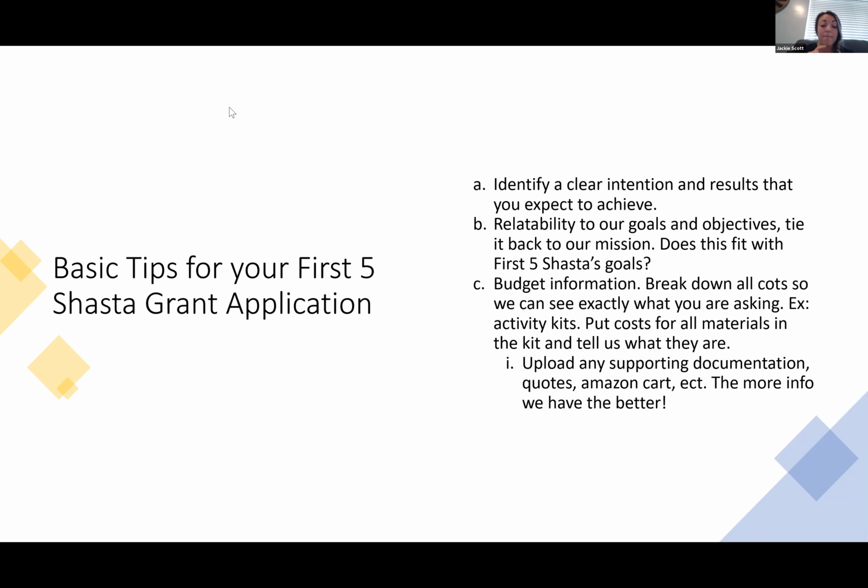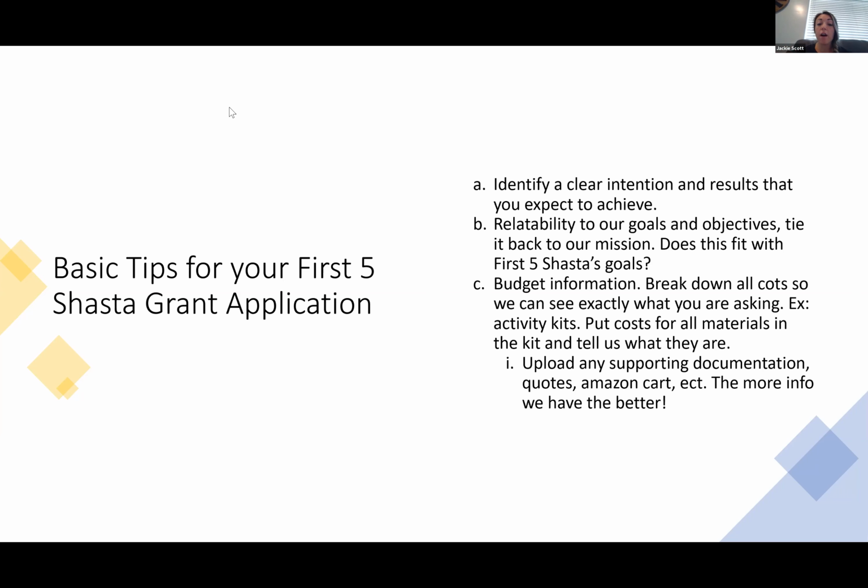Are you buying crayons and paper, and I'm just throwing things out there, Play-Doh? Then you would need to outline what those items are, the cost of each, and the total cost per bag, and then the total cost. So the more information you can give us, the better. We need to see exactly where those funds are going.